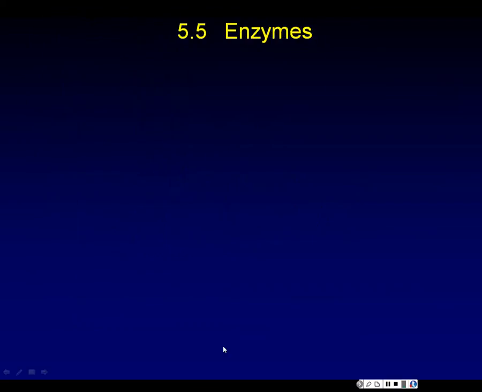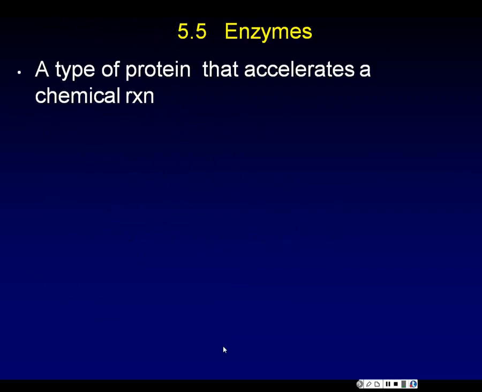All right, so enzymes. We also have to have some enzymes involved in all of these different reactions. We write it simply: we show the beginning of the reaction, and on the other side, we show the end of the reaction.